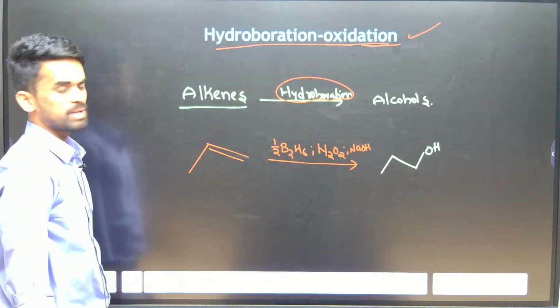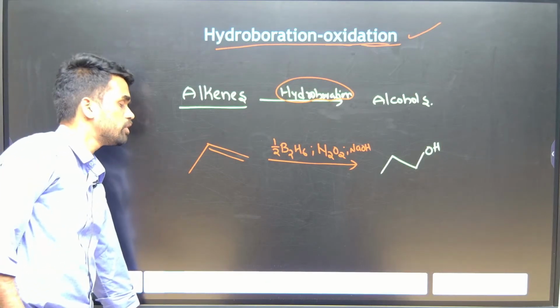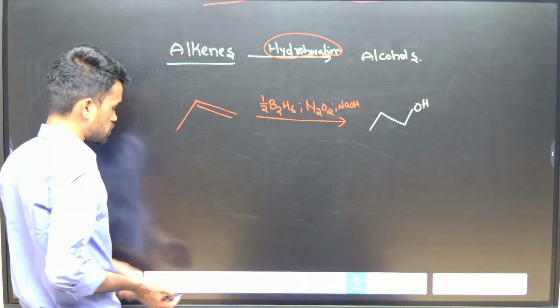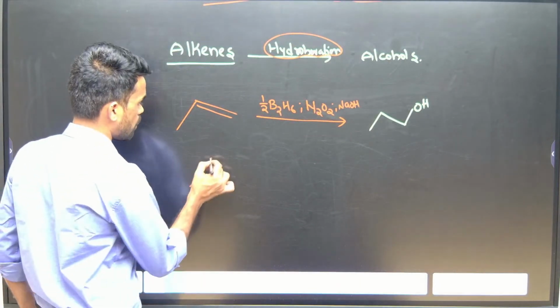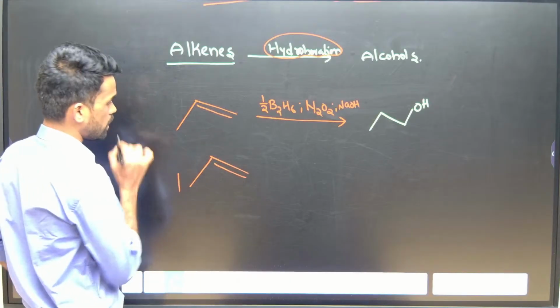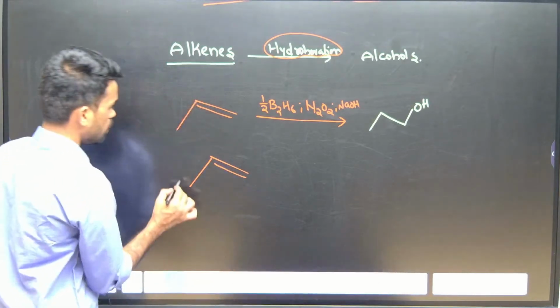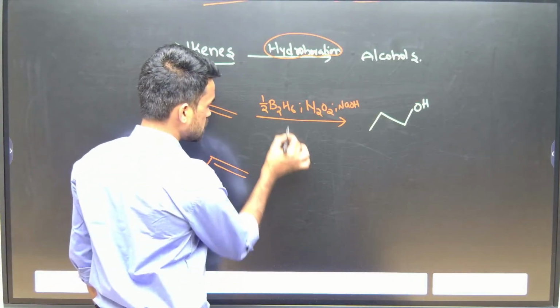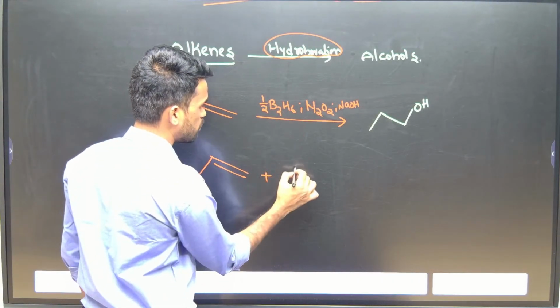Okay, I will explain the mechanism. Just follow. First of all, you need to identify what is happening here. Try to remember the reaction in this manner. 3 moles of alkene react with B2H6. What is the monomeric form of B2H6?